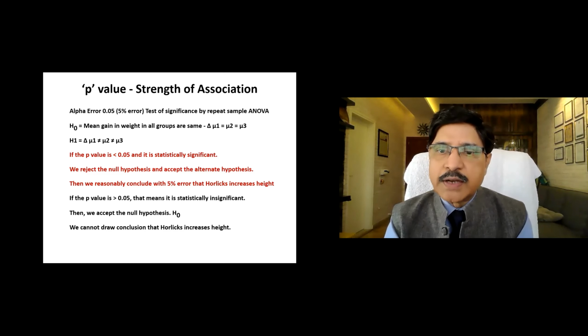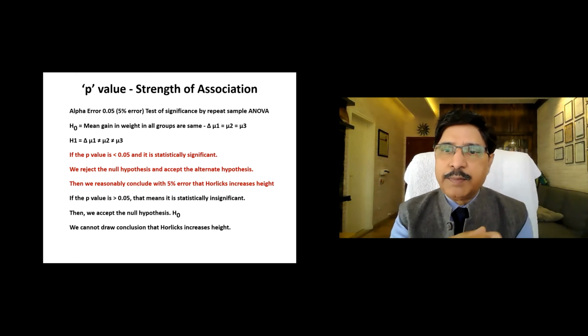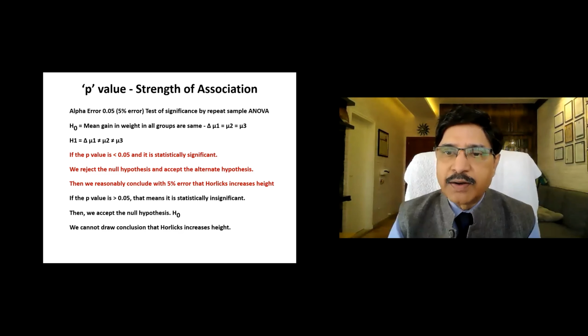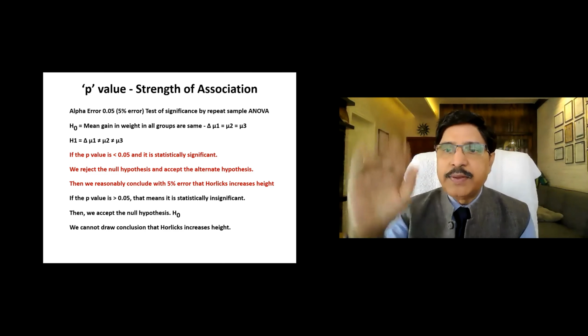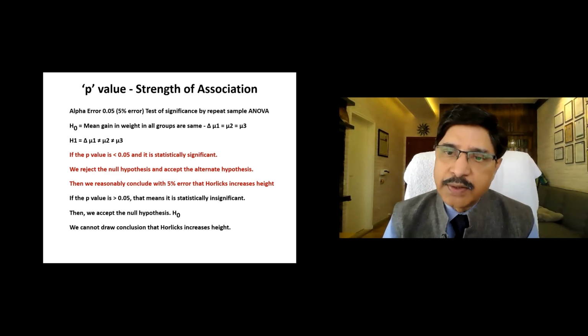Supposing the p-value is less than 0.05, I am very confident my error in rejecting the null hypothesis and accepting the hypothesis of difference is less than 5%. The alpha error I set up at 5, but I have come below that and I am happy. And I conclude that Horlicks does increase the height in the study.